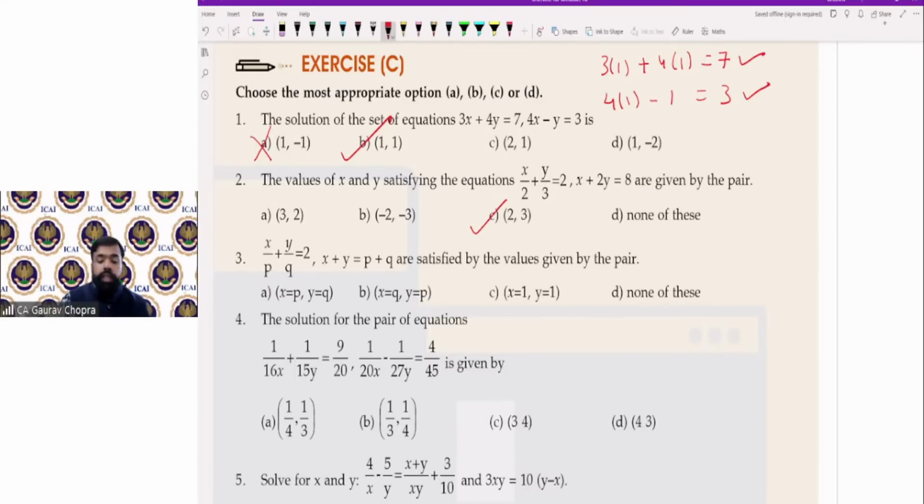So 2 by 2 plus 3 by 3. So 1 plus 1 becomes 2. Similarly, you can check the second equation also. 2 plus 2 into 3. It is 8. So this is also verified. All right.